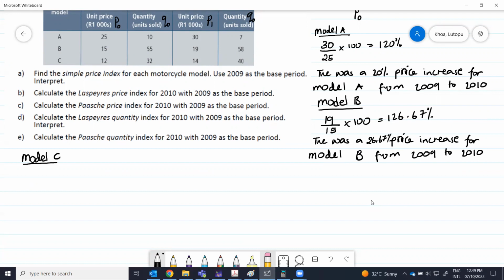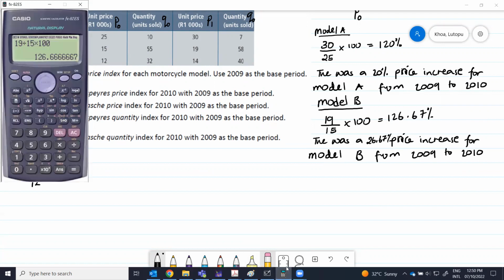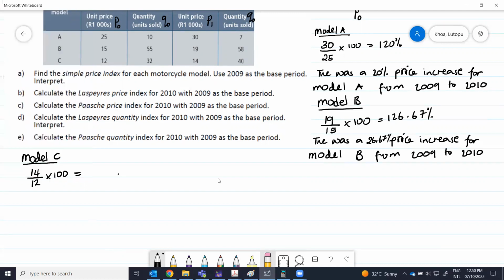Then the same thing for model C. Our current price is 14. Our base year price is 12, and you multiply this by 100. This is 116.67.